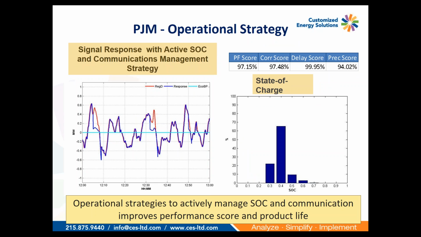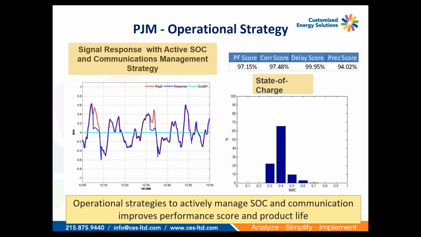So we have designed algorithms where the asset can perform better, and this is one of the strategies. Now what you want to optimize for changes. So for example, one may want to optimize the revenue over the life of the asset.